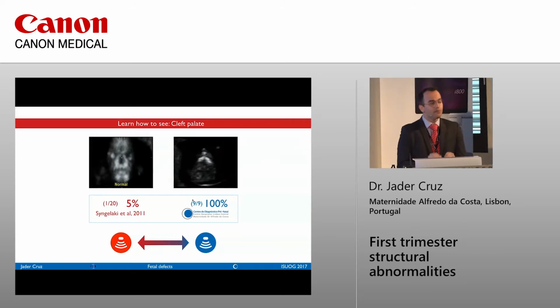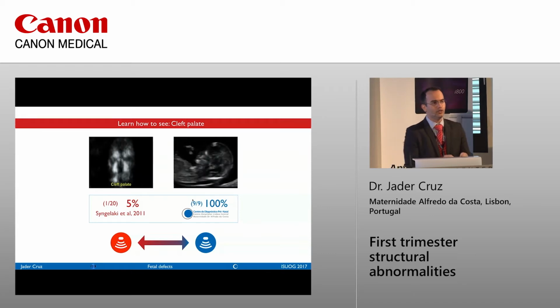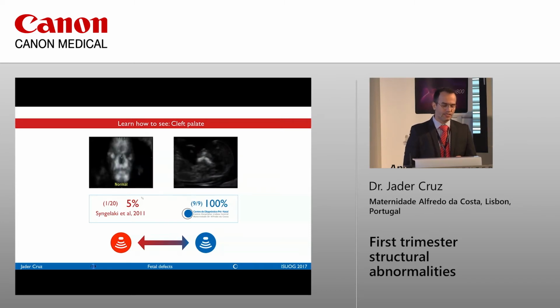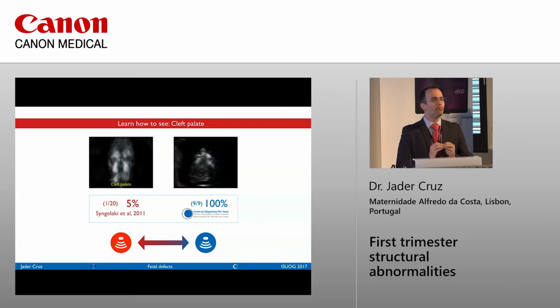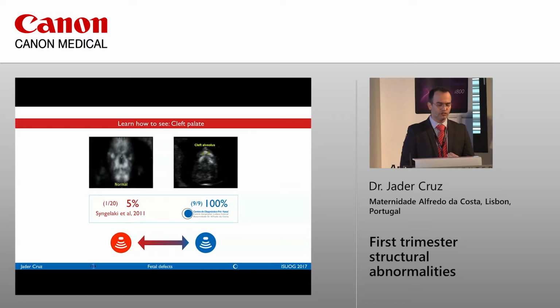It doesn't mean that my unit is better than the unit where the publication was made. It just showed that when this data was collected, it was not part of the structural assessment of the baby to see the palate and to look at the retronasal triangle, where you can see the anterior process of the maxilla, the nasal bone up here, and the palate there as the base of the triangle.